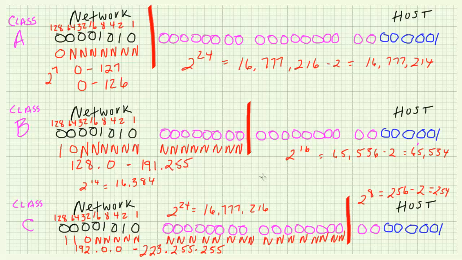But it wasn't long until even this started to show problems, and it was not very efficient because it's not very granular in the way IP addresses were handed out. For example, maybe there were some organizations that needed more than 254 hosts in their network, but they didn't need 65,534.